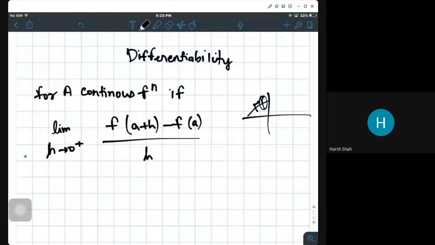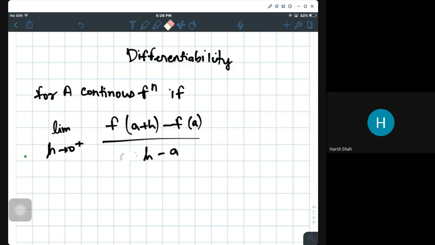If you see, f of a plus h minus f of a by h, right? This is also a plus h minus a, the difference between the points, delta y upon delta x. Okay, this is what we will calculate here.